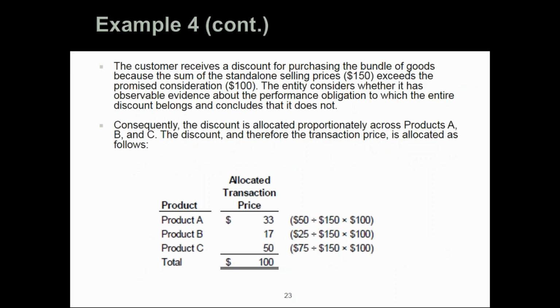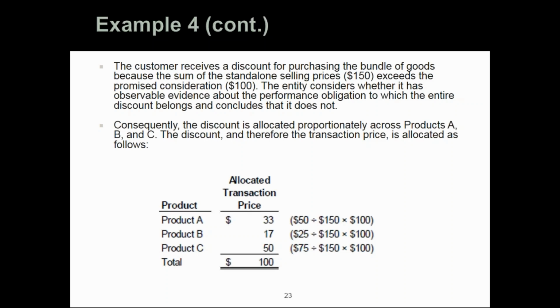So essentially, the customer is receiving a discount for purchasing the bundle of goods because the sum of the standalone selling prices, $150, exceeds the contract price of $100. So essentially, this is a volume discount. And with volume discounts, the discount is typically allocated proportionally across all products. There are circumstances in which the discount could be allocated to one, but not all, of the products in the bundle.